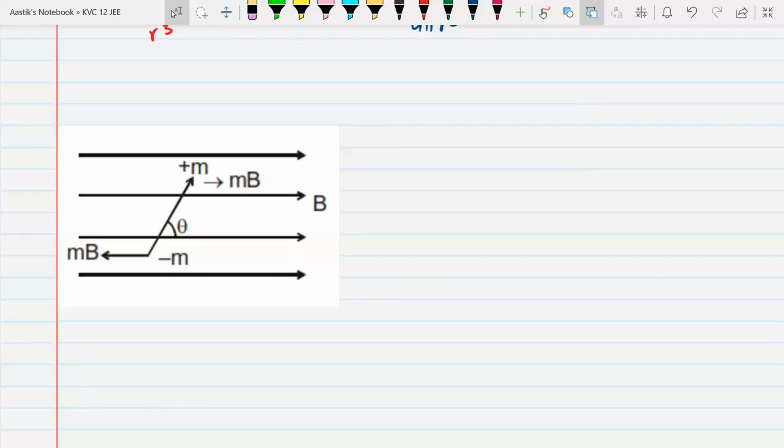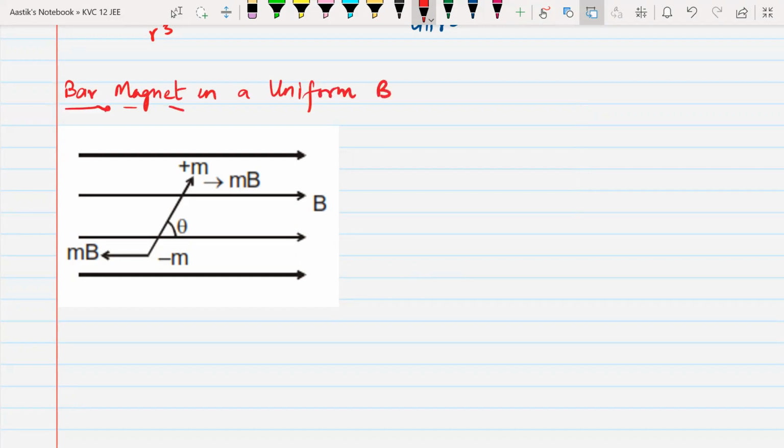First listen to me, then I will give you time to draw and write bar magnet in a uniform magnetic field B. Now this is similar to electric dipole in a uniform electric field. Do we understand this?